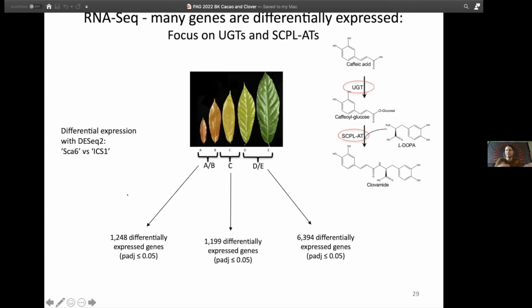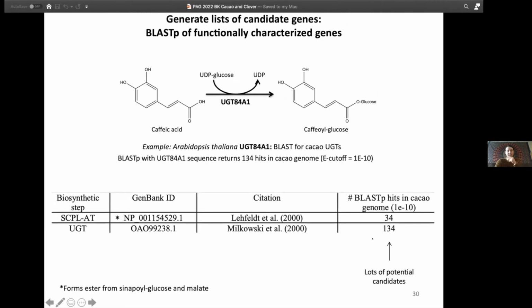So based on that little nugget, I decided to focus on UGTs and SCPLs in the gene expression data. In the young leaves, we had over 1,000 differentially expressed genes, same in the middle-aged leaves. And in the older leaves, there were over 6,000 differentially expressed genes between the two clones. But now that we have some targeted gene families, we can zero in on certain candidates.